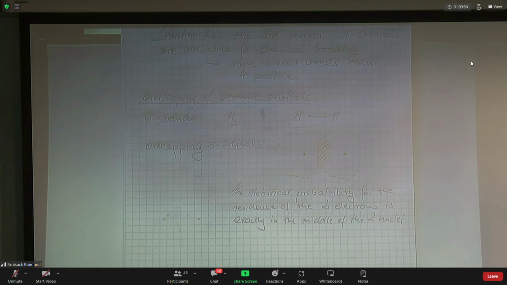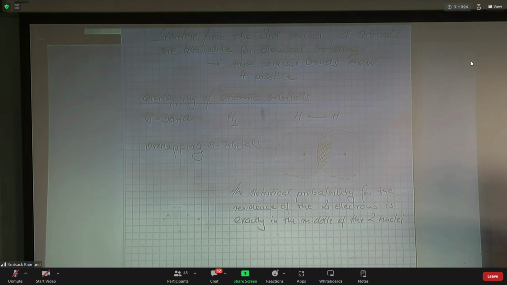Do you already know what is characteristic for any type of sigma bond? What is the characteristic of sigma bonds? Sigma bonds, we can rotate on their common axis.